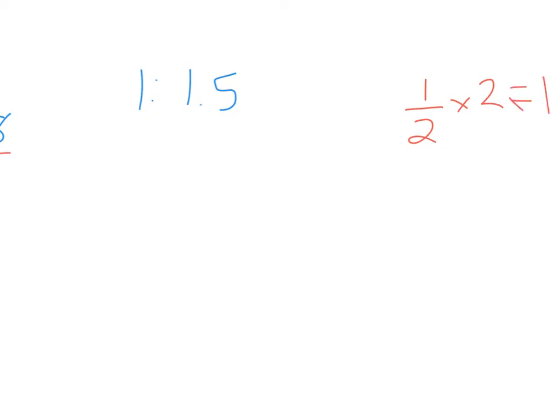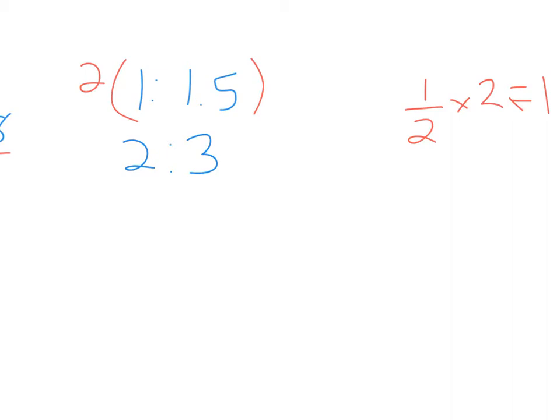So that's what I'm going to do here. I'm going to multiply by 2. And remember, in any ratio, whatever I do to one part of the ratio, I need to do to the whole of the ratio. So 2 times 1 is going to give me 2. And then 2 times 1.5 gives me 3. And so here I have a really nice whole number ratio that will allow me to construct a nice empirical formula.